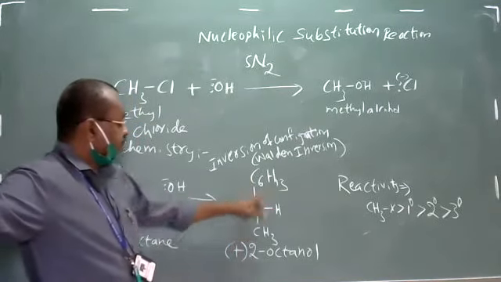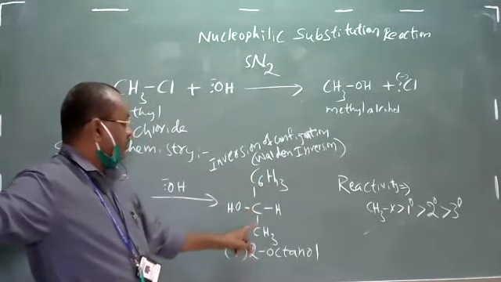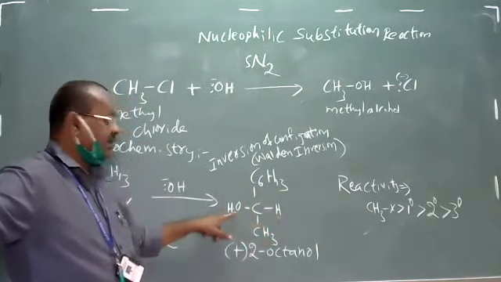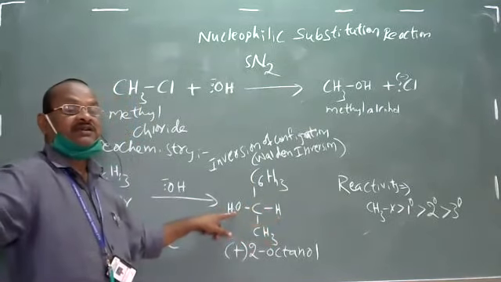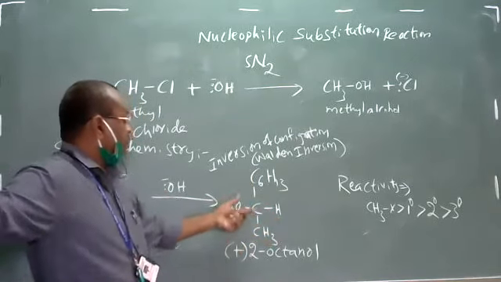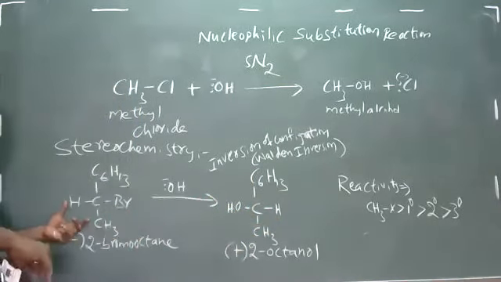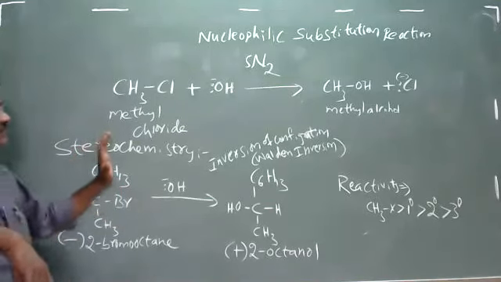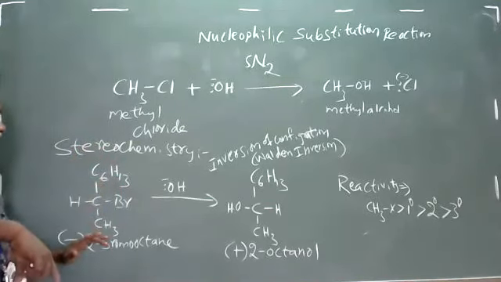Whereas in the product 2-octanol, the hydrogen is on the right side and the OH attacks on the left side. So in this stereochemistry, an inversion of configuration takes place.